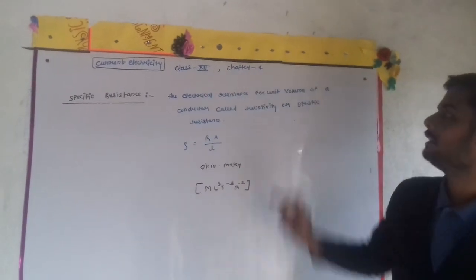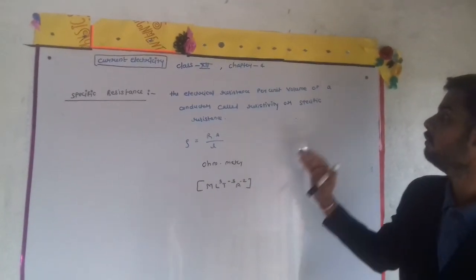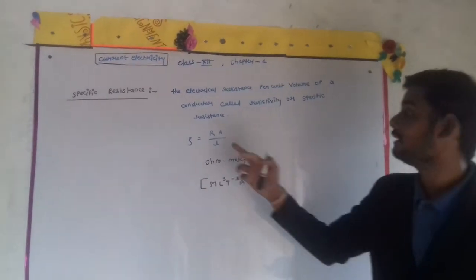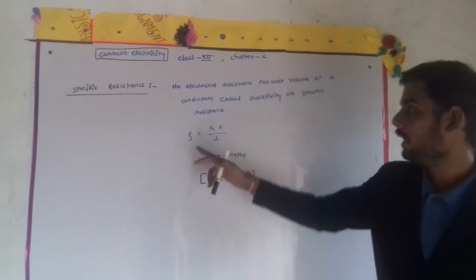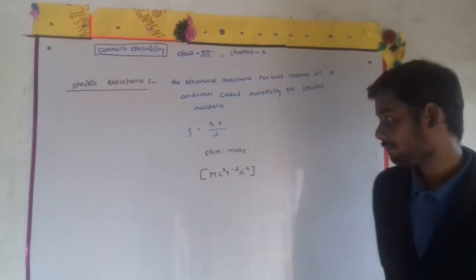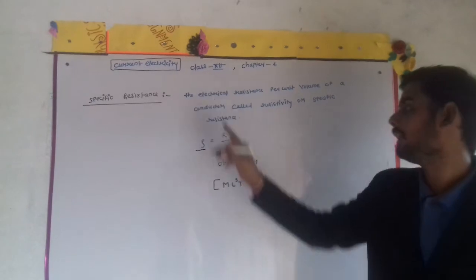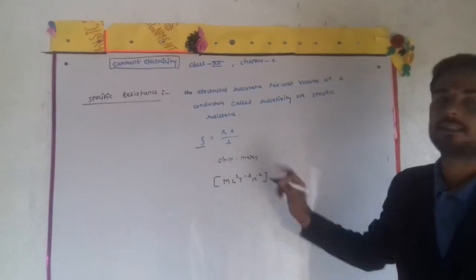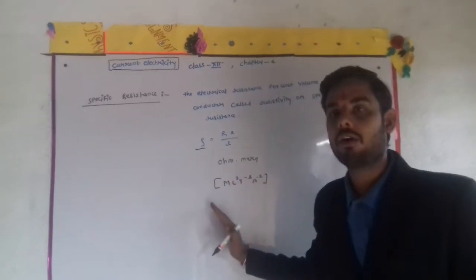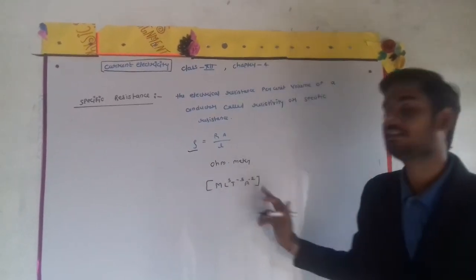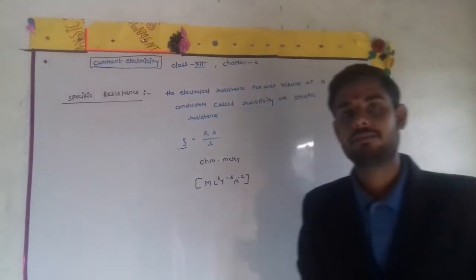Normally it is represented by rho equal to RA upon L, where the unit of rho or specific resistance is ohm meter, and the dimension formula of specific resistance is ML^3 T^-3 A^-2.